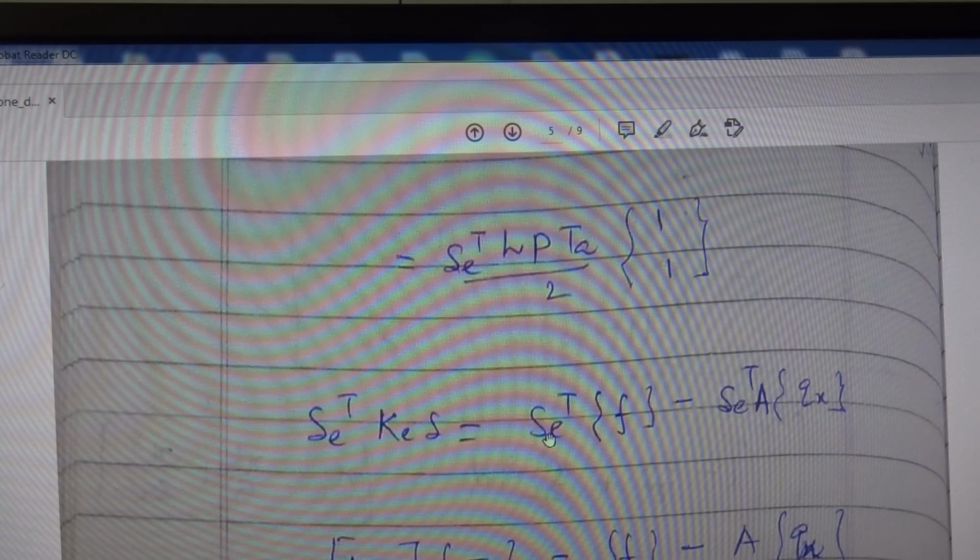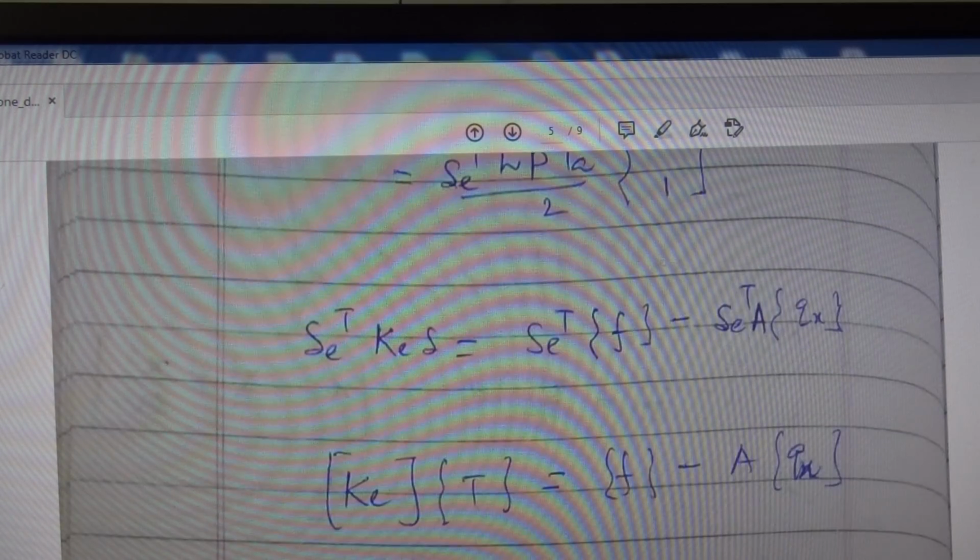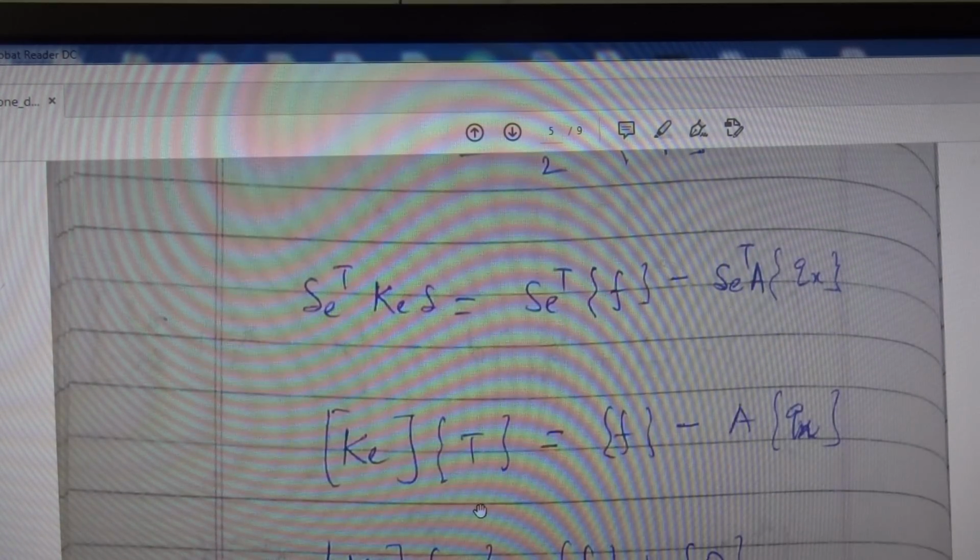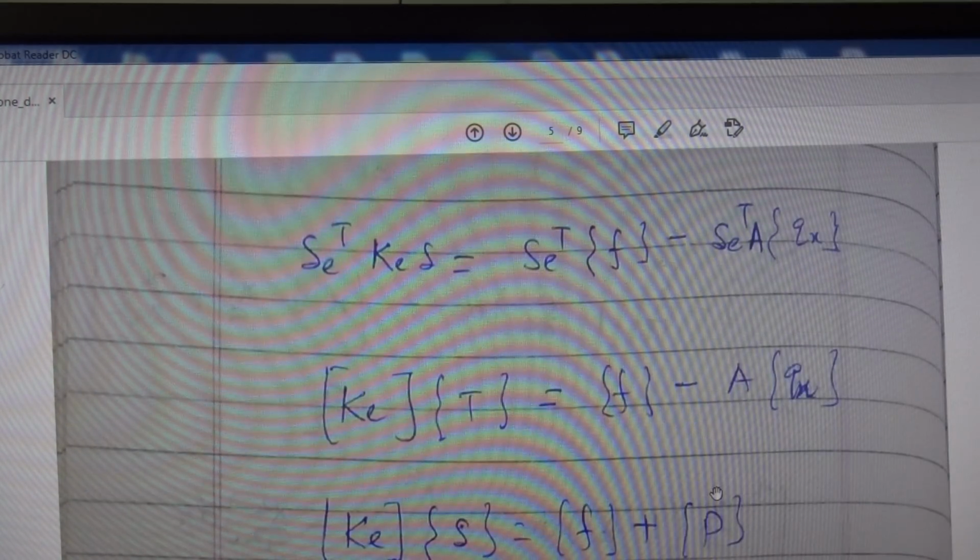When delta E T cancels from all the terms, it's K into T is equal to F minus AQ. This comes from the boundary condition.